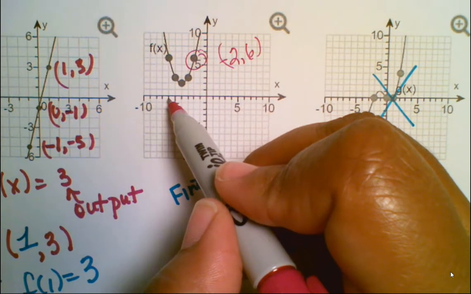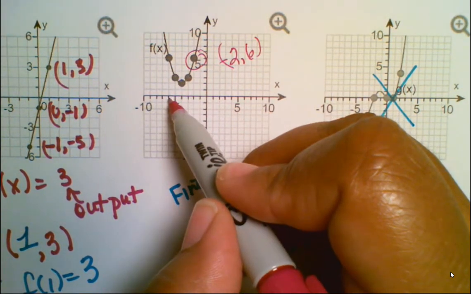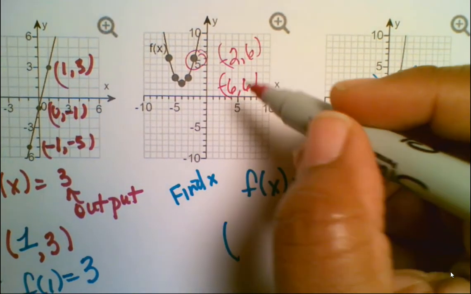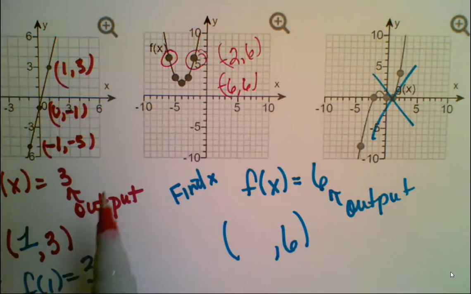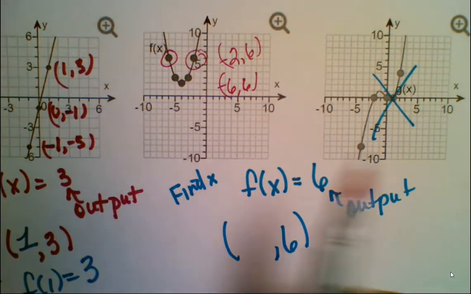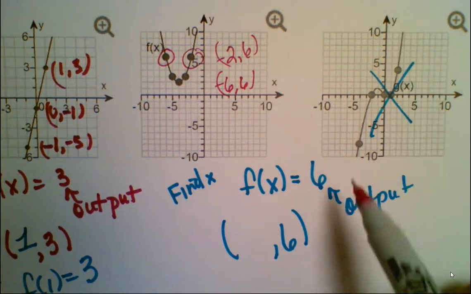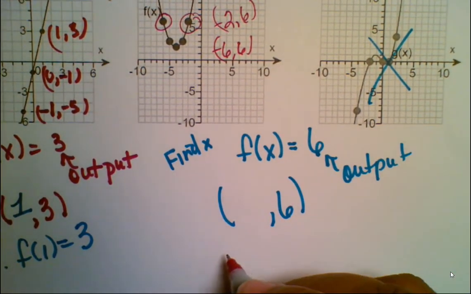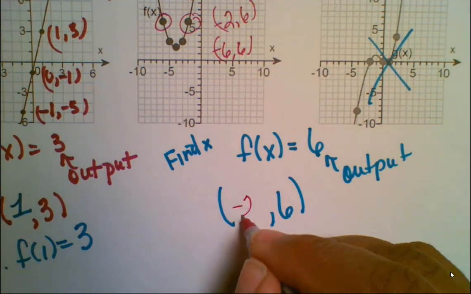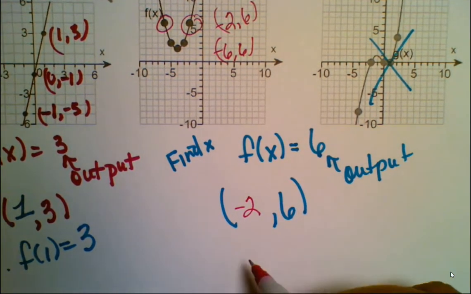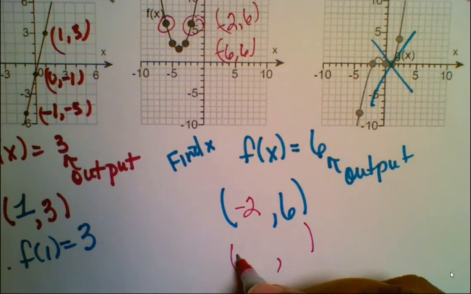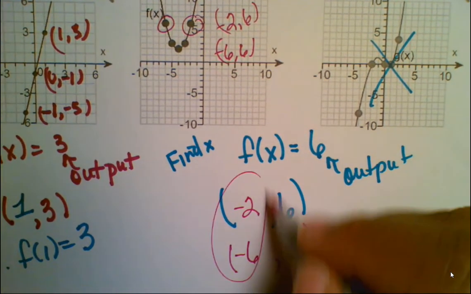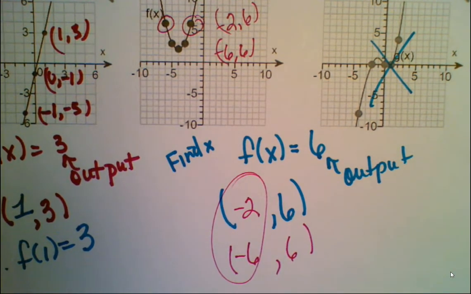This is -6 here. So we have -6, 6. Okay, so what are all values of x? You have a value of -2, and then you also have a value that's -6. These will be your solutions right there for the x value.